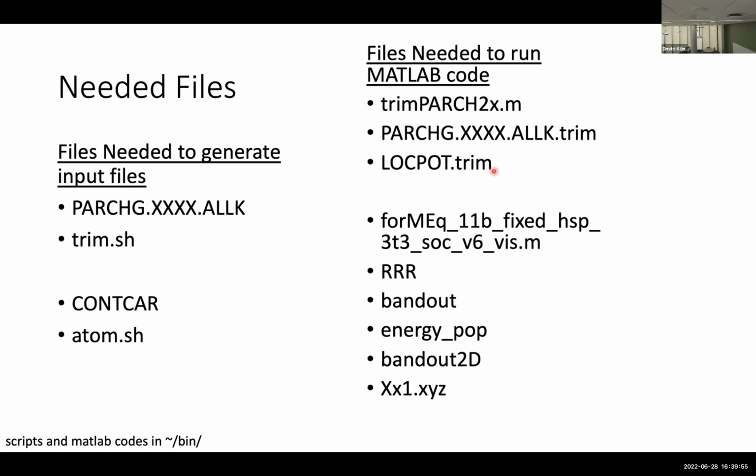That code generates the part charge.trim files and the lockpot.trim file. Then we need our concar and the atom.sh code, and that's going to generate these xx1.xyz files. In addition to that, we also need the RRR, the band out, the energy pop, which are the standard files that we've been discussing for the last few weeks. And then these 2 MATLAB codes, and then the band out 2D, which is generated by this first MATLAB code.